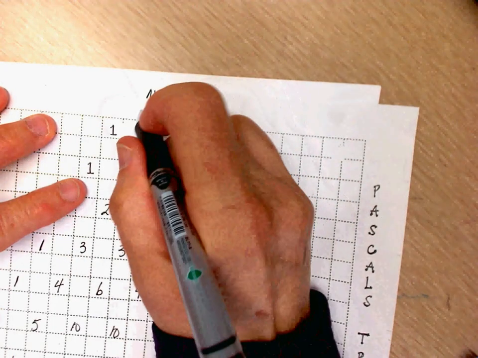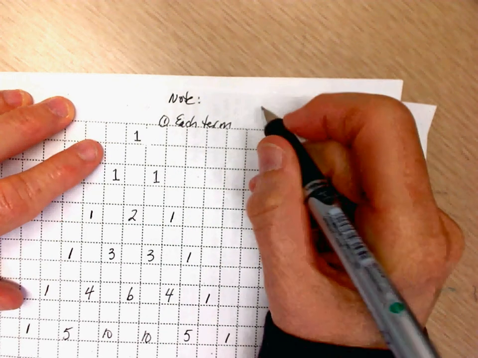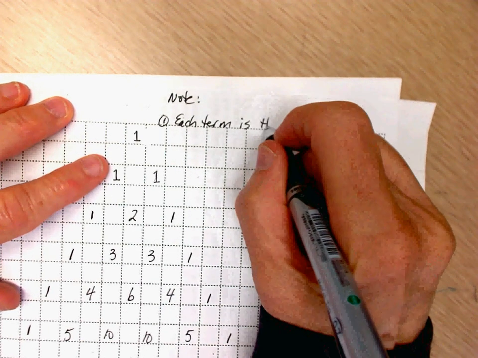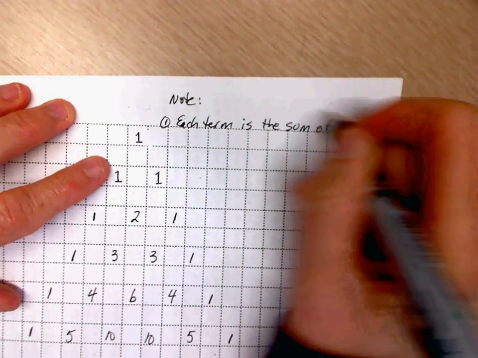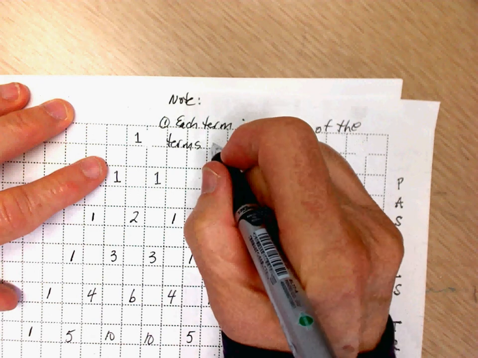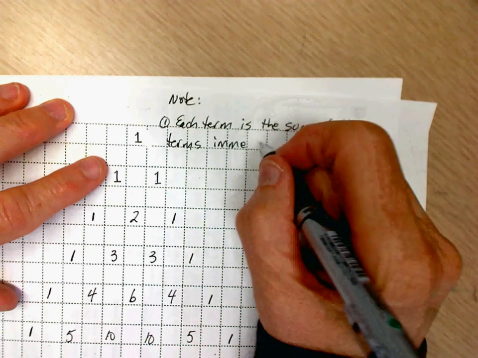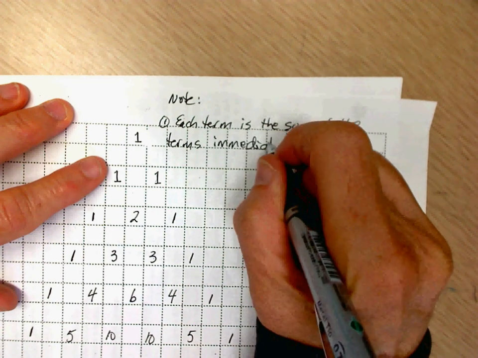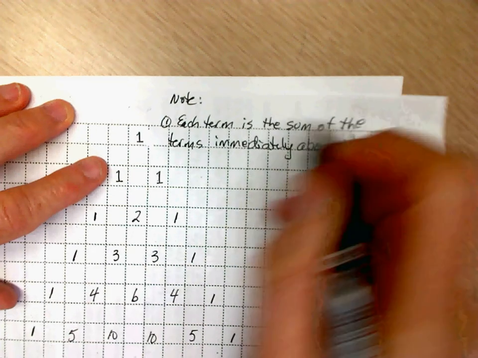Number 1: each term is the sum of the terms immediately above it, just like we got here.